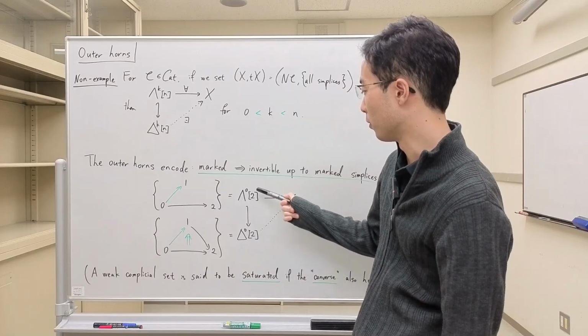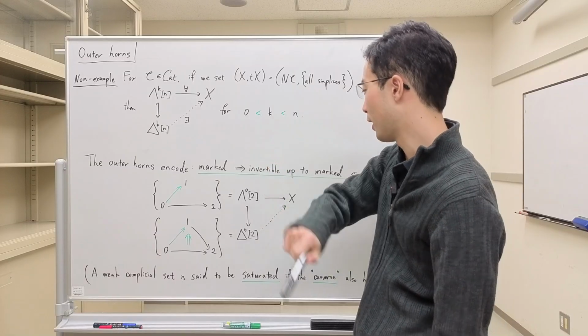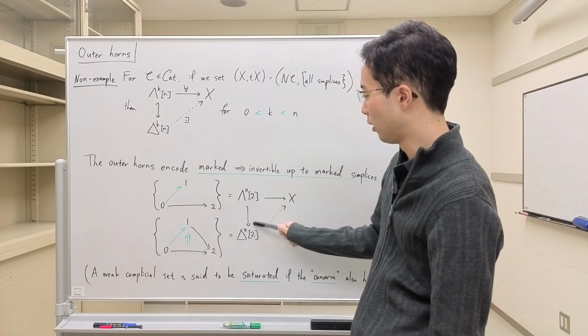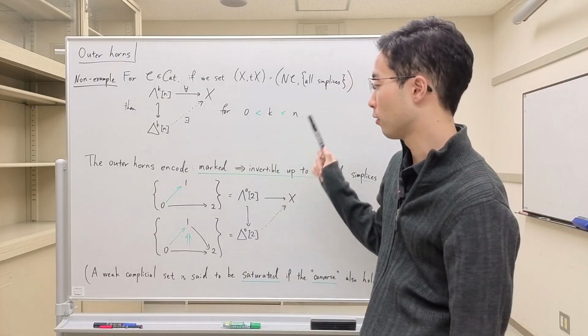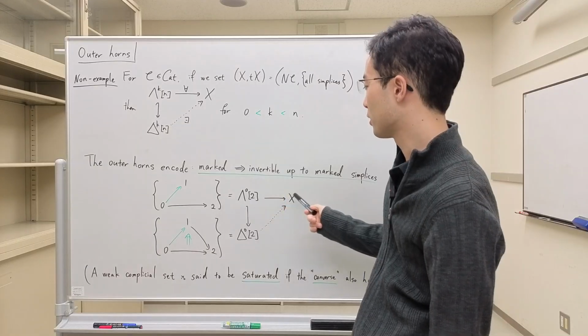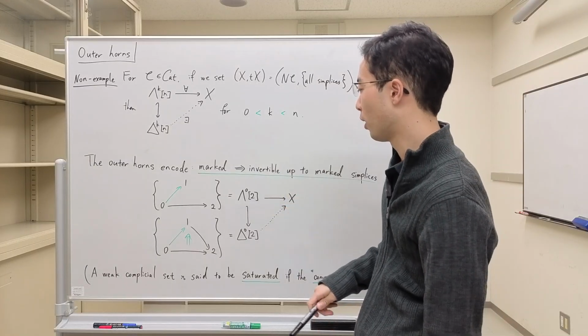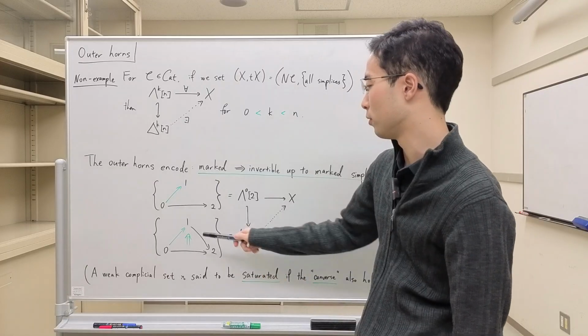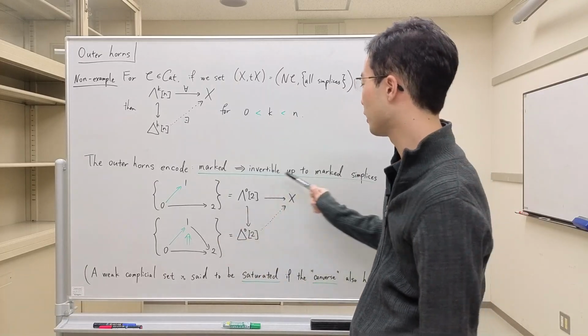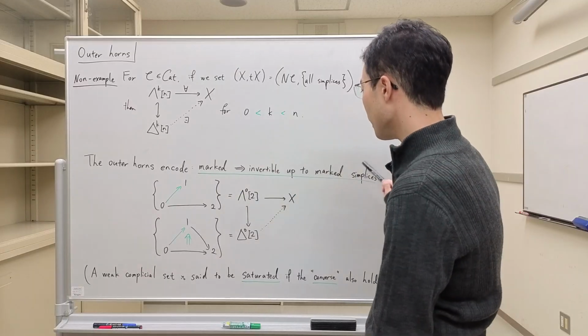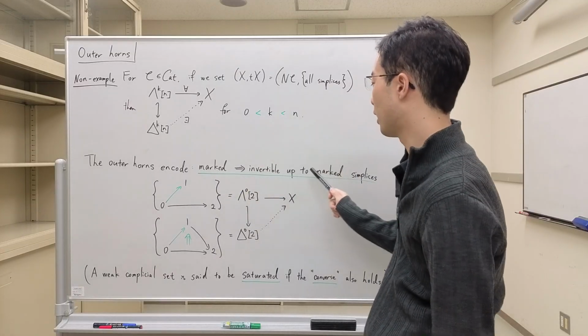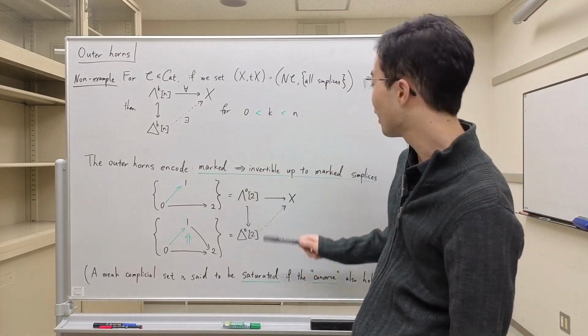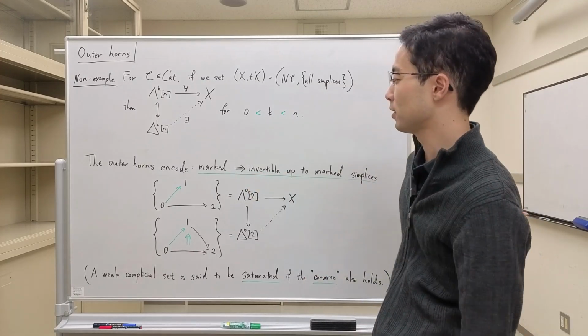And if you now think about the other case, the second horn inclusion, you can see that any marked one simplex in X would have a section up to marked 2 simplex. So in that sense, at least marked 1 simplices are invertible up to marked 2 simplices.